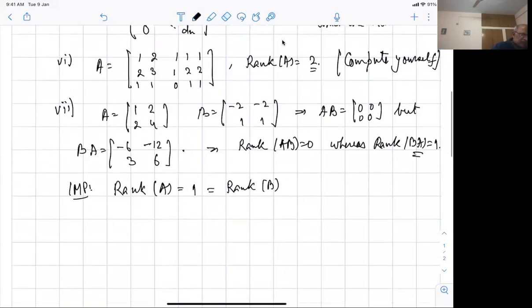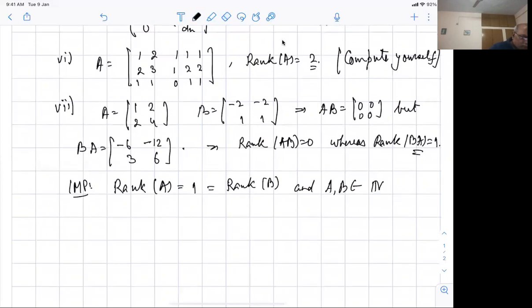These are examples where the rank of A is equal to the rank of B, and A and B belong to M2 of C. So it is a 2 cross 2 matrix, but the rank is 1, and therefore I have got some issues coming into play, fine.